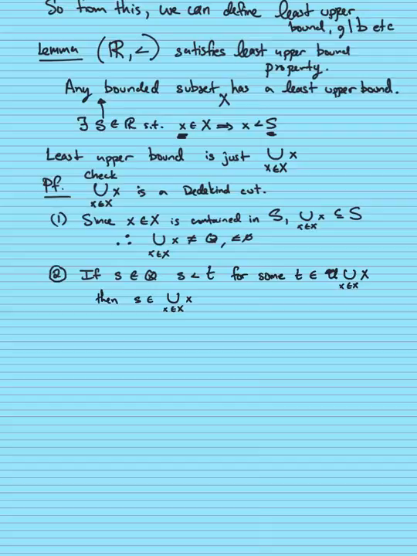And that's just because each of these cuts is a Dedekind cut. So if T is in particular in some element X, then X contains all of the rational numbers below T, so in particular it contains S.